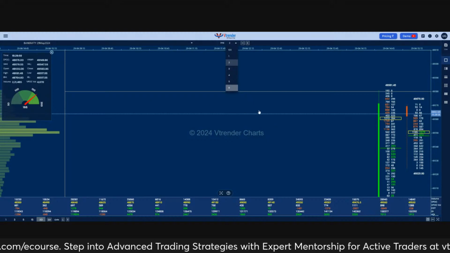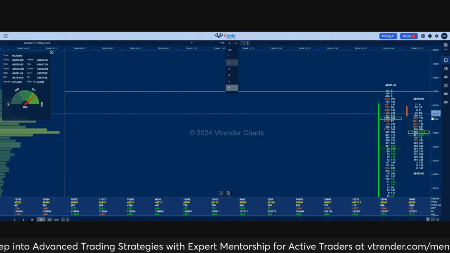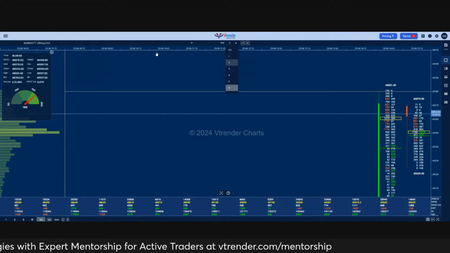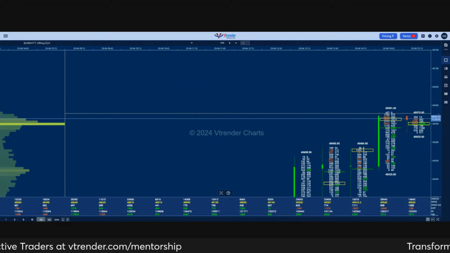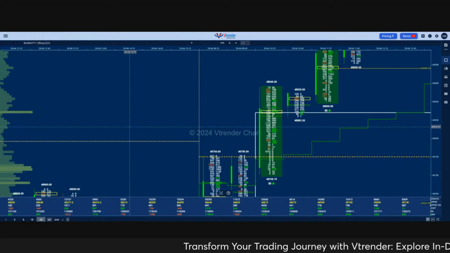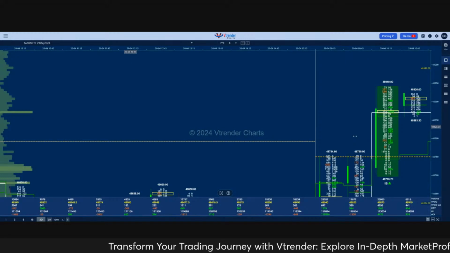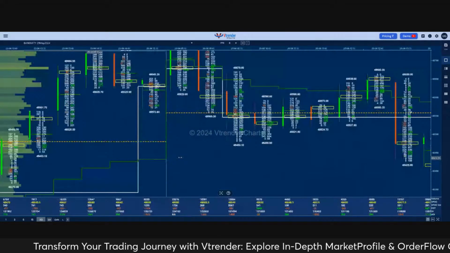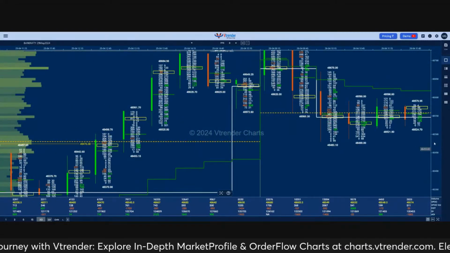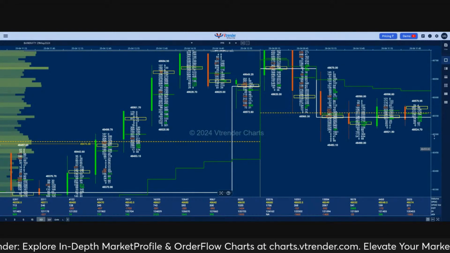So let us see how it went in the Bank Nifty futures. And we'll take a quick look at Thursday, where the auction took support not just on Thursday but even on Friday.